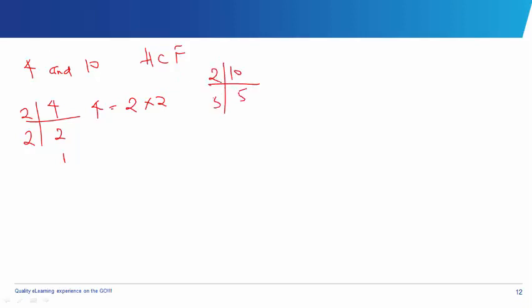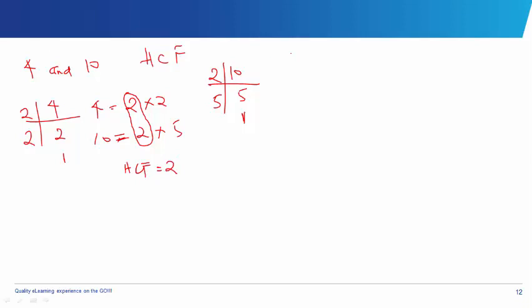The next thing I can do is 5. 5 divided by 5, 1. So 10 in prime factors is 2 times 5. So the number that is common is 2. So the highest common factor will now be 2.